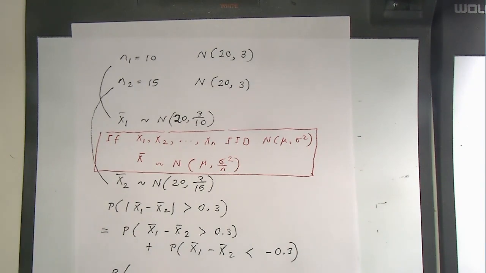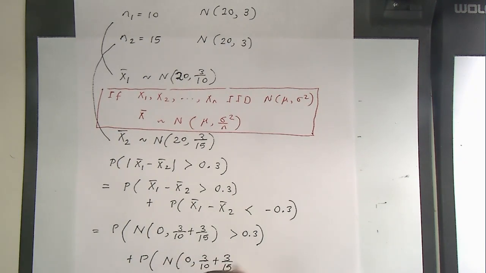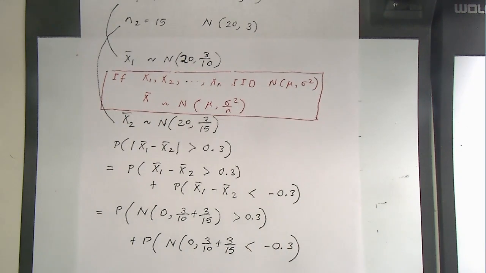So it will be normal with parameters 20 minus 20 is 0, and the variance will be 3 over 10 plus 3 over 15, greater than 0.3, plus the probability that normal 0, 3 over 10 plus 3 over 15, is less than minus 0.3. And I'm sure from this step you should know how to work it out.